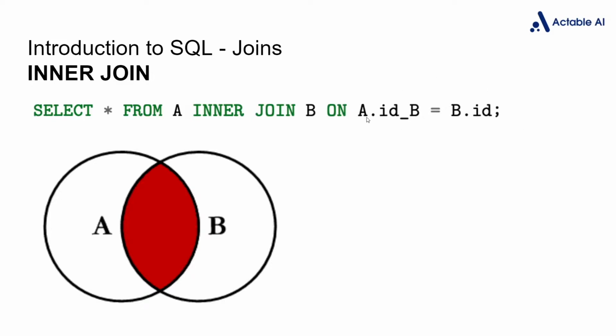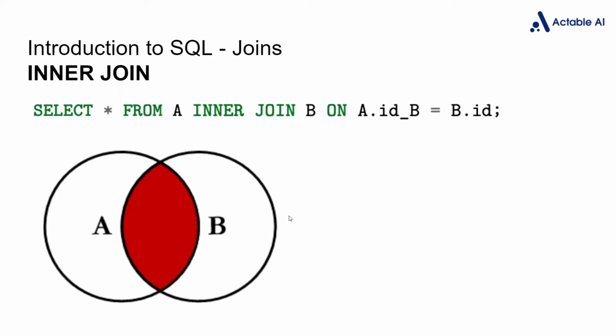Here we want to select everything where a.idb is equal to the id, to say the column IDB in the table A must be equal to the column ID in the table B.